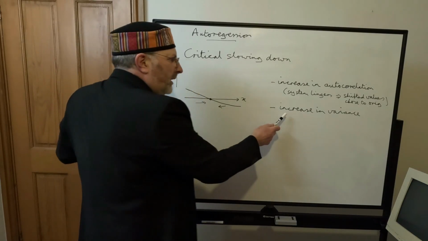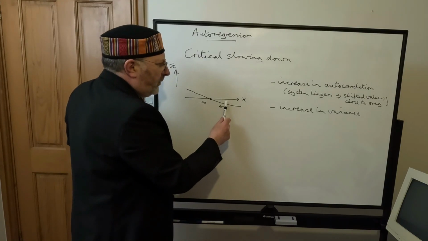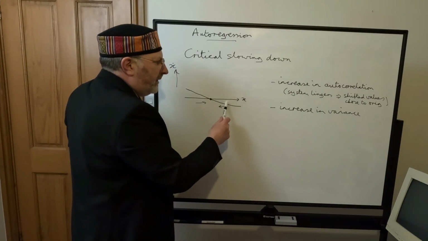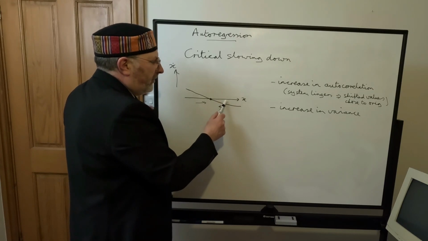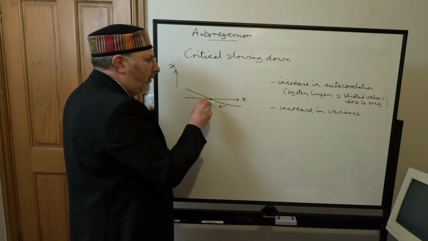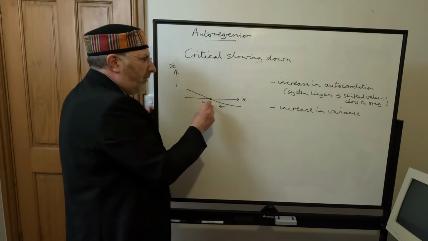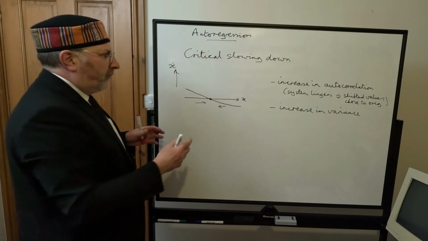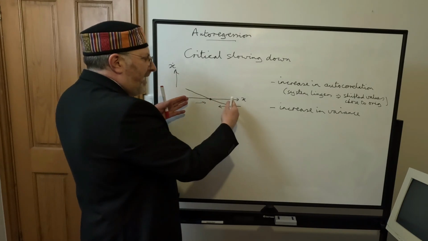But when there's critical slowing down, then if it's disturbed away, it tends to linger around here, and it takes a long time to come back. So it can spend a lot of its time well away from the equilibrium point. And so if we look at the values of x, there will be a much greater range, much greater variance.